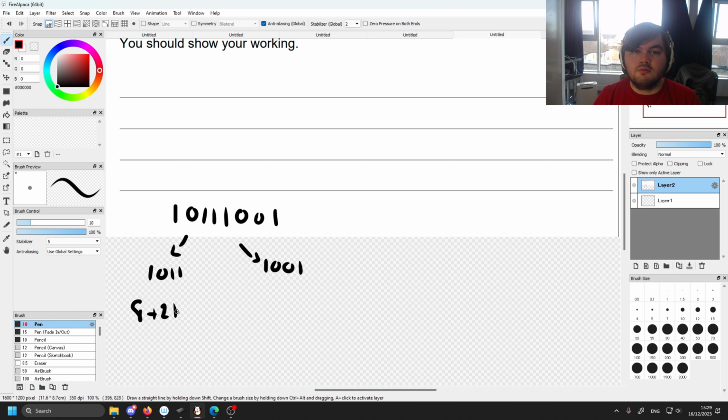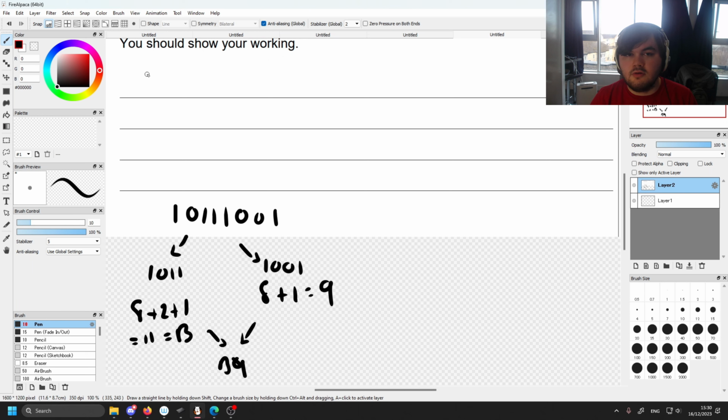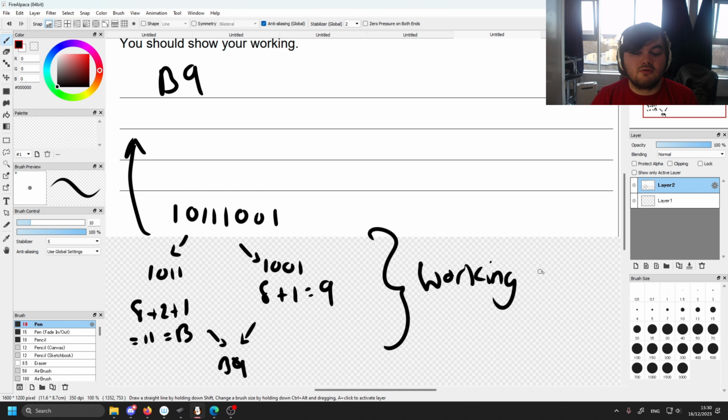So 1011 is equal to 8 plus 2 plus 1, or 11. And 1001 is equal to 8 plus 1, or 9. Now you're going to need to convert these to hexadecimal. 11 is equal to B, as we've discussed previously, and 9 you can keep as is. Therefore, the answer to this question is B9.